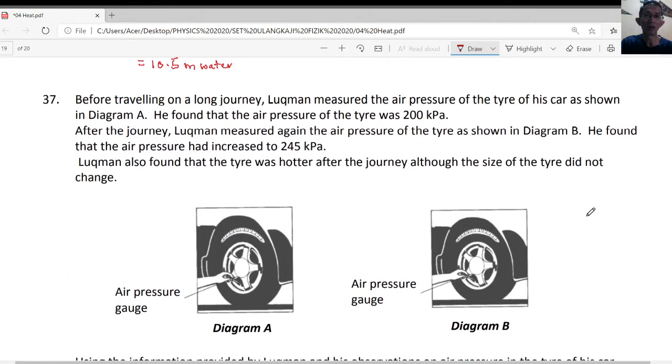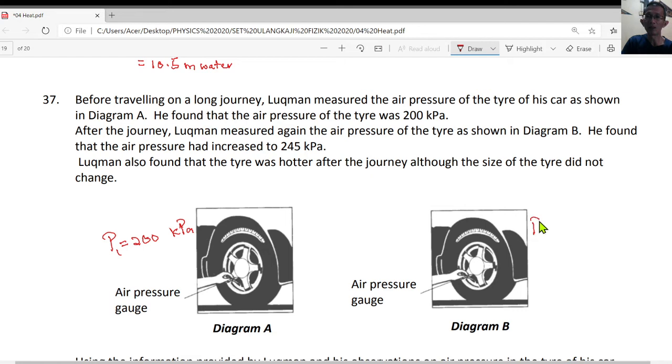Before traveling a long journey, Lokman measured the air pressure of the tire of his car as shown in diagram A. He found that the pressure was 200 kilopascal, and then after the journey the pressure became 245 kilopascal, and at the same time he also found that the tire becomes hotter. So initially the pressure is 200 kilopascal, and that is my P1.